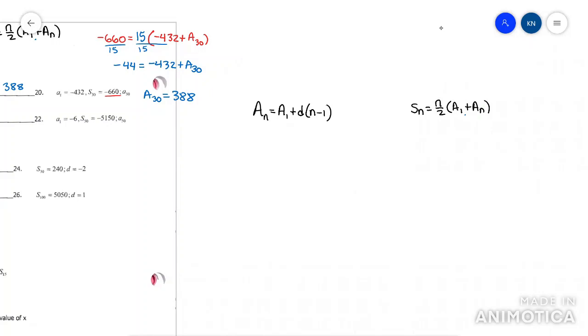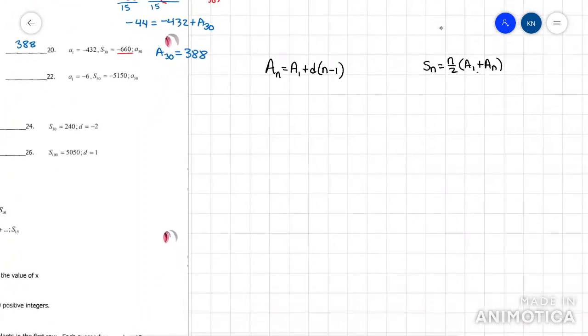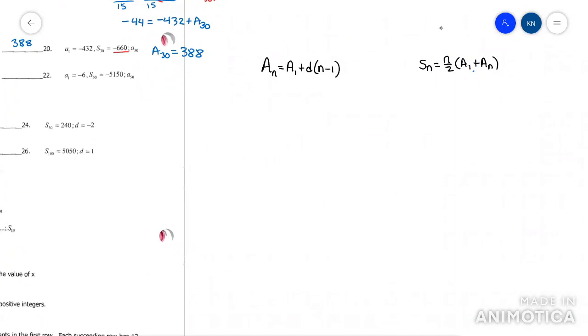You're going to need both of these equations, and we'll do number 24 here. They're going to give you the sum of the series and the rate, and that's it. And you have to go find A1.